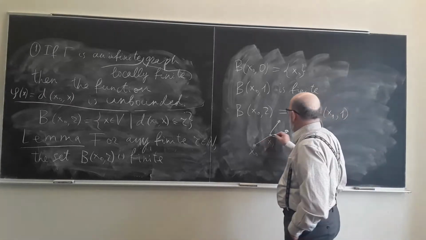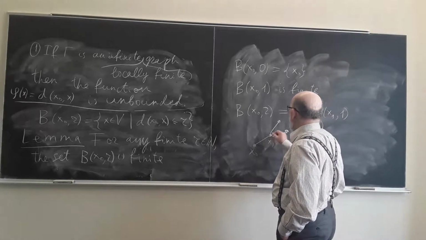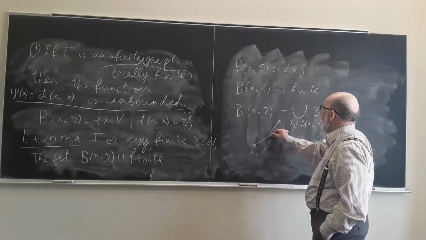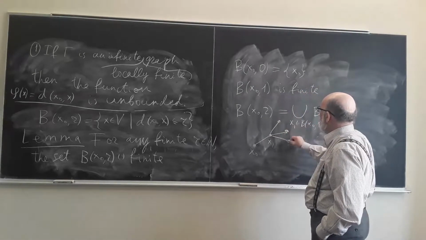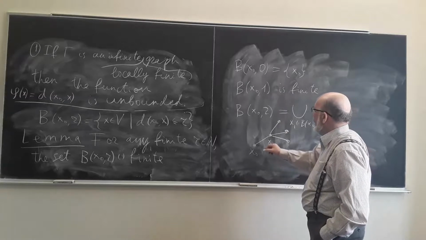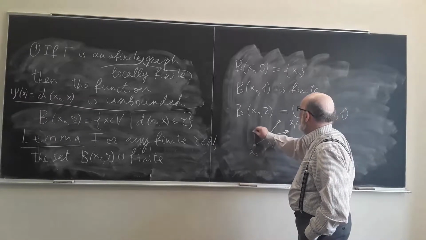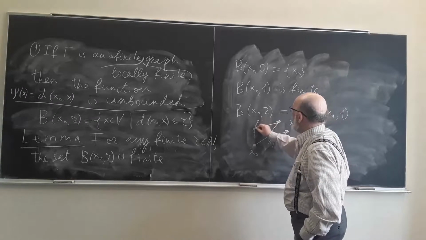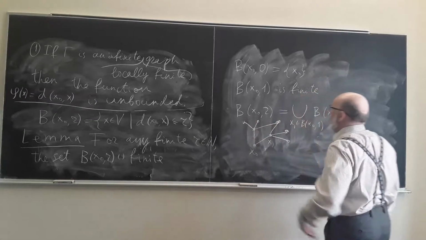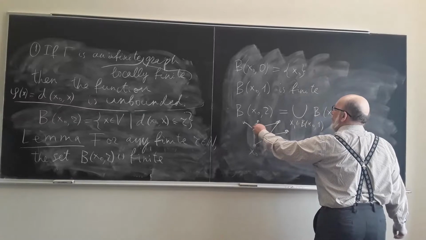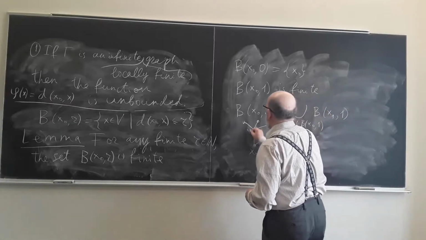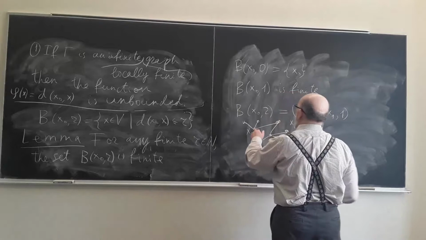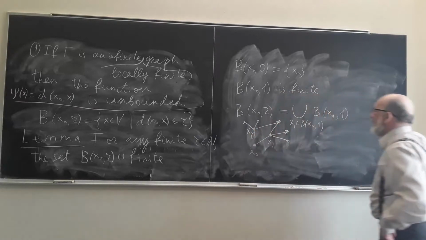This means that we have to take all x1, and then for each of x1 you take these elements. Now, in particular, some of these elements can belong to some other ball, say B of x2, 1. Yes, it can happen.